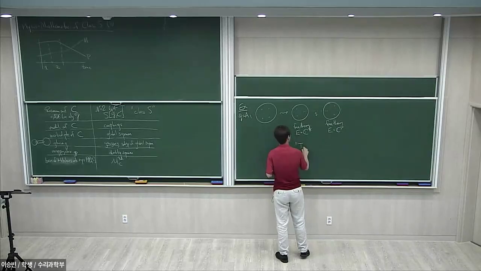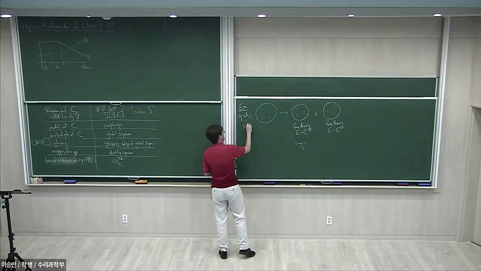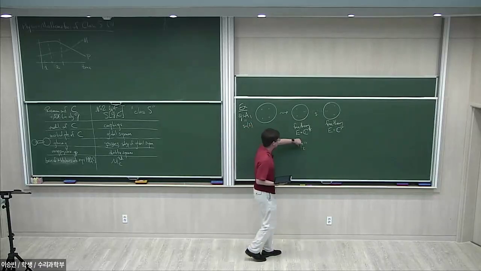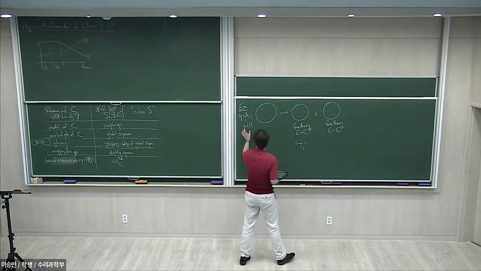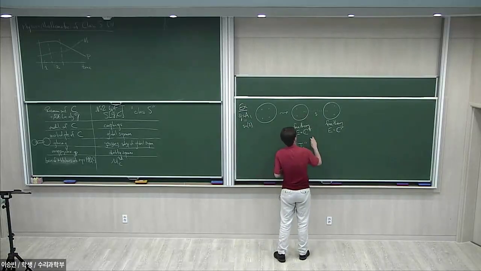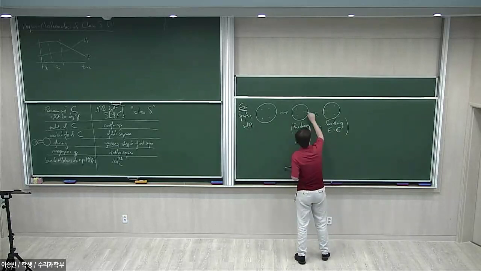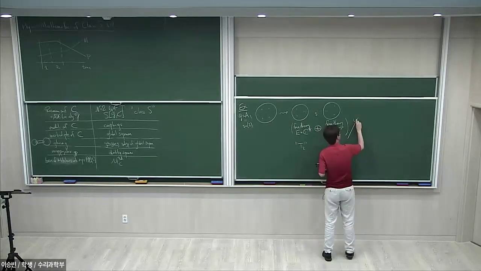Sometimes we call this theory T2 because T is for trinion, or three-punctured sphere, and the 2 is for SU2. So we have 2 copies of the free theory. Then we take the direct sum of them. And what the gluing means is we take a quotient, and by quotient I mean gauging the symmetry.